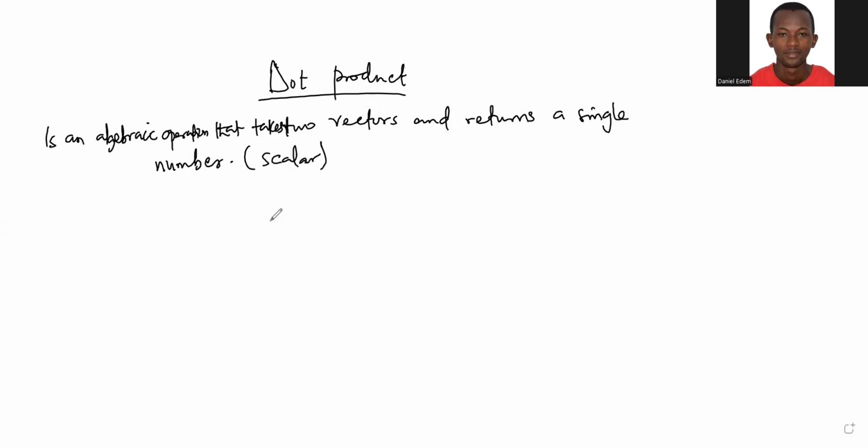Okay. So what it actually means is if I have A to be A1, A2, A3, all the way to An, and B to be B1, B2, B3, all the way to Bn.